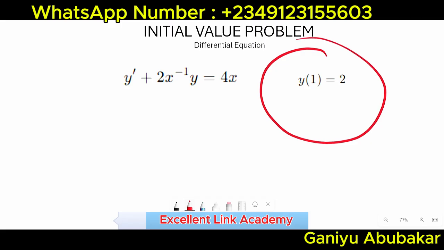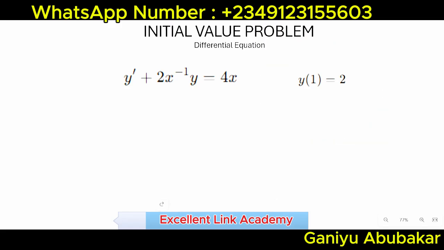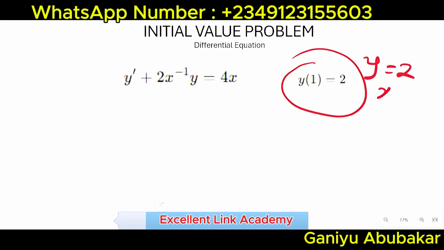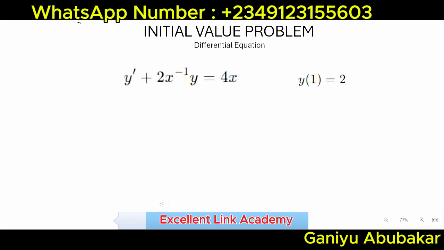We said that the condition given are always x and y. From this condition, y is 2 and x is 1. The one in bracket is x, and x is 1, y is the one outside there. So you should be able to spot x and y while you are doing initial value problems.